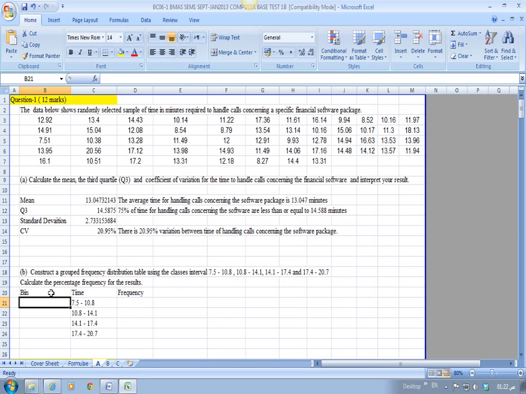So the first class, the upper limit is 10.8, and the second one, the upper limit is 14.1, and then the third one, the upper limit is 17.4, and then the last one is 20.7. These are the bins.